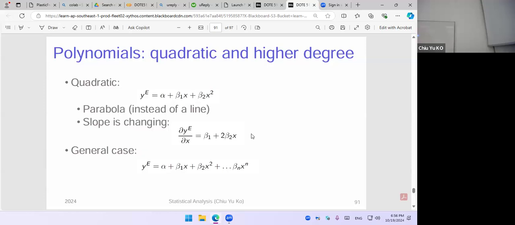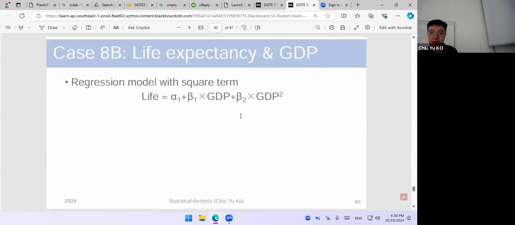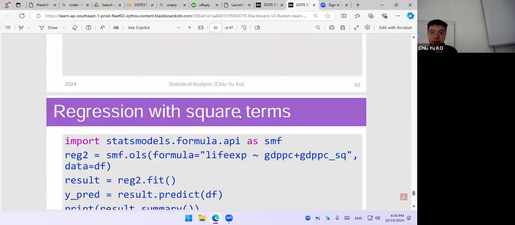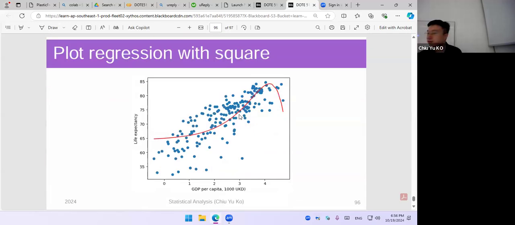So this is much more complicated. The slope keeps changing. Later you will see the graph. Let me show you the graph, right? At the end, if you run this regression, the graph looks like this. Say nonlinear at the end. So it's unclear what it means, but if you just care about the fit, that is what we have.